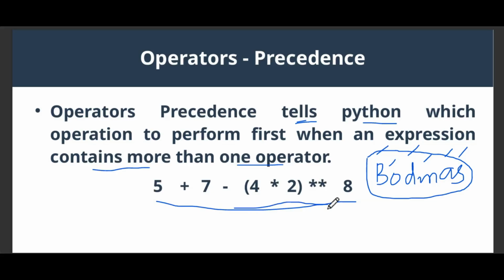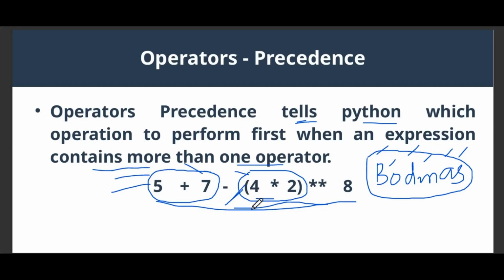Now a question arises: what should be the sequence of this operation? Are you going to add the first two numbers first, that is 5 plus 7, or will you first focus on the brackets and calculate 4 asterisk 2? Whether you want to solve this first or this first. So Python provides a universal rule that tells us which operation should be performed first.